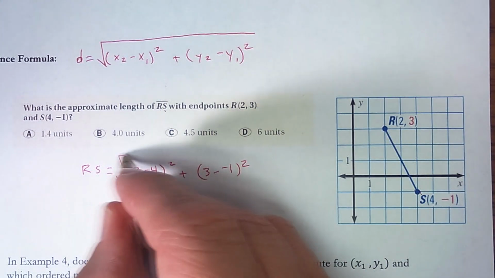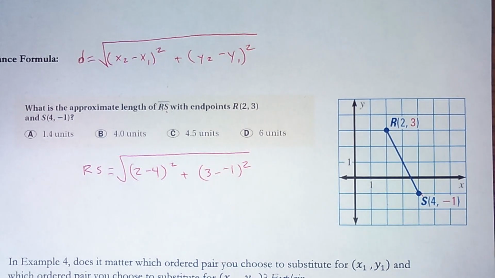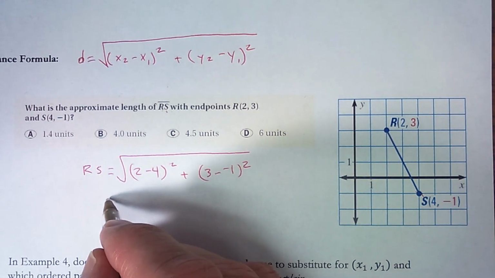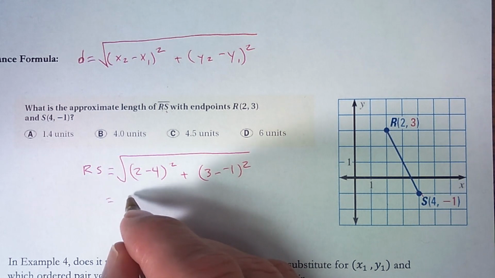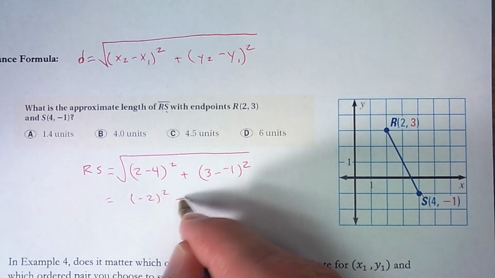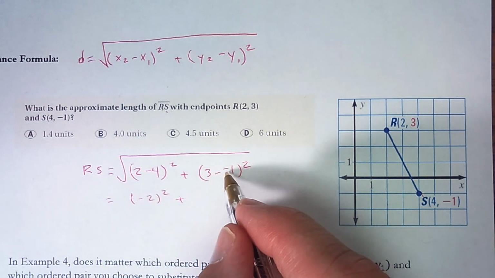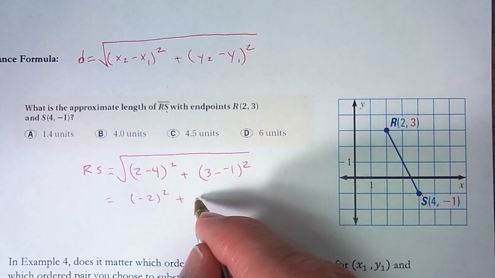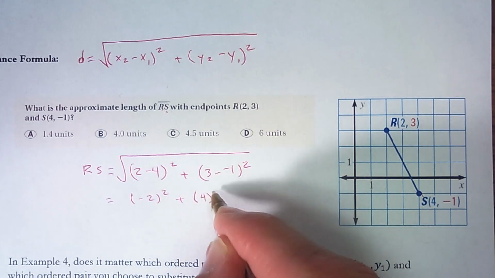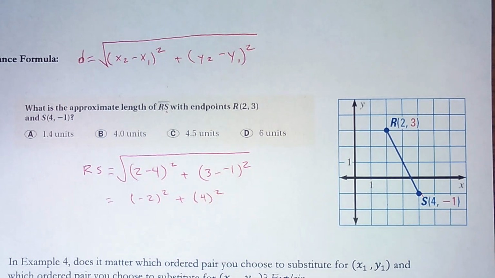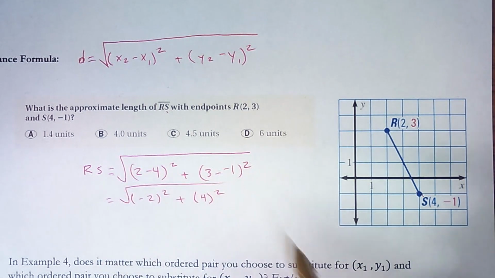Okay, and then I'm going to take the square root. So 2 minus 4, that's negative 2 squared, plus 3 minus negative 1. Minus negative means plus, so 3 plus 1 is 4 squared. And still under a square root.